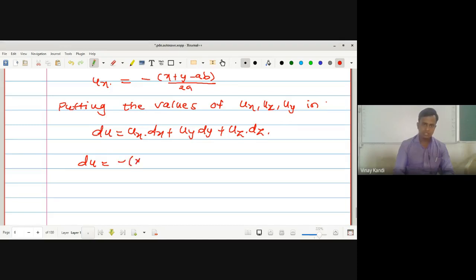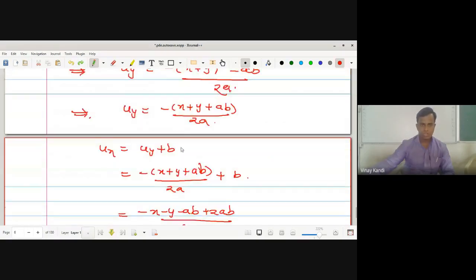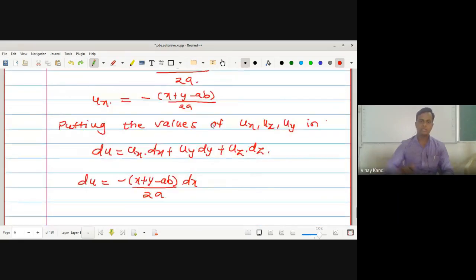This one, minus x plus y minus ab upon 2a into dx. Okay, what is uy? Minus x plus y plus ab upon 2a into dy. What is uz? a upon z into dz.